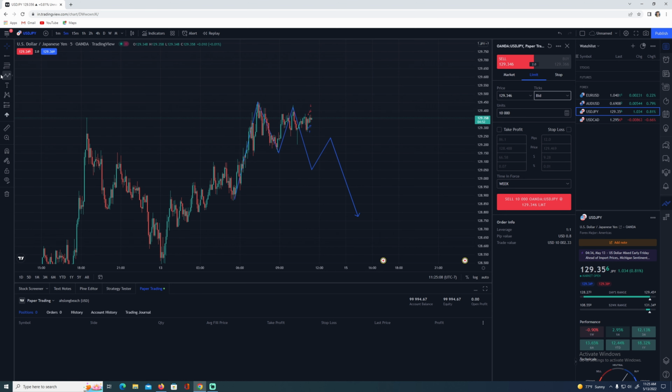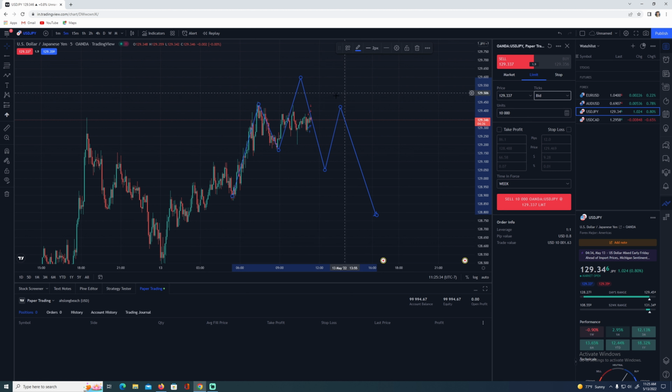We think, because of our analysis, the market is going up here, coming down, getting to here, and then it's going to break structure and do this.